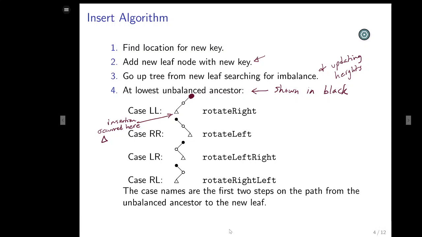If the insertion occurred in the left child of the imbalanced node, and you see an imbalance coming back up, then you perform a single rotation, a rotate right. If, on the other hand, the insertion occurred in the right child of the right child, then you do a rotate left. Otherwise, you're in one of these elbows, these zigzag things, and you perform a double rotation.